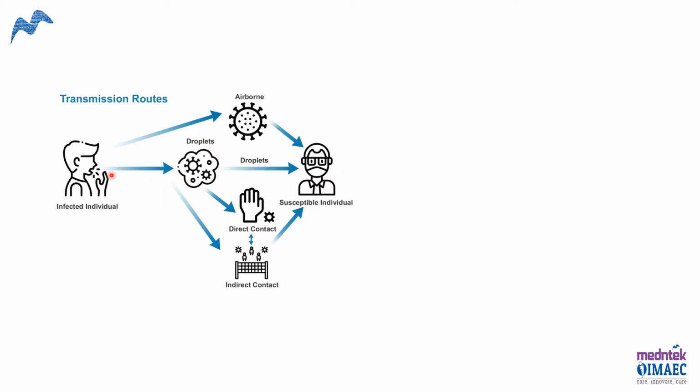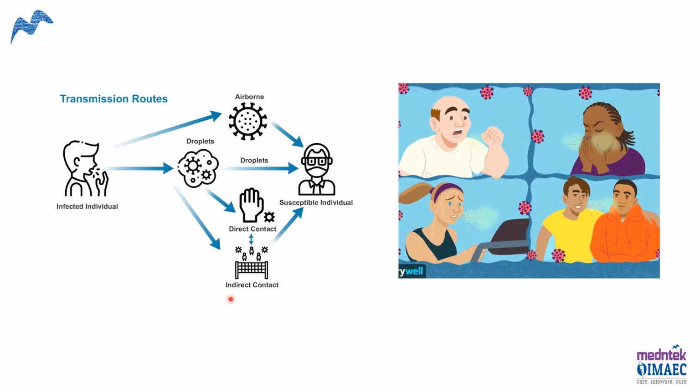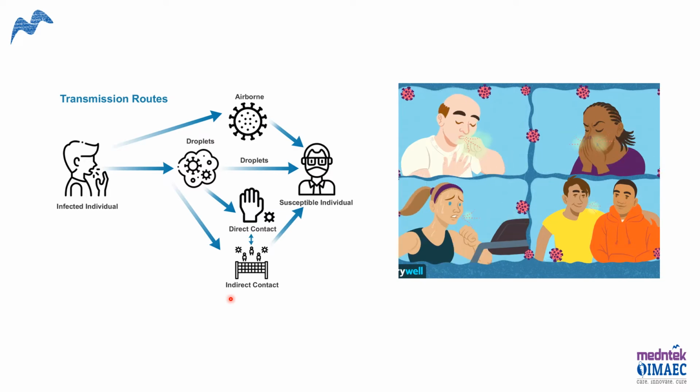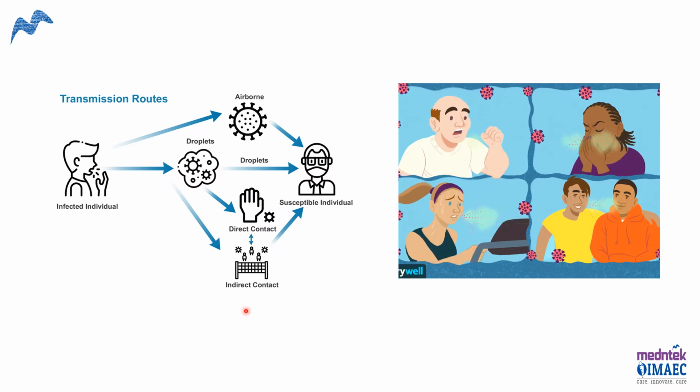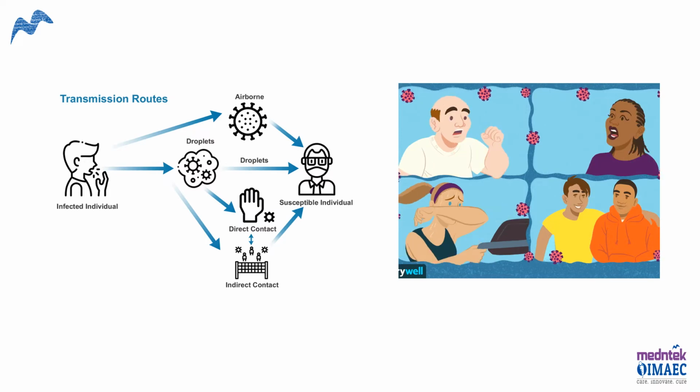The last one is indirect contact, wherein if this infected individual touches a surface and the susceptible individual comes in contact with that surface, then through indirect contact the infection can spread. Here you can see the germs coming out after sneezing and coughing, and this individual is directly transmitting whatever organisms are present into the susceptible individual's body.